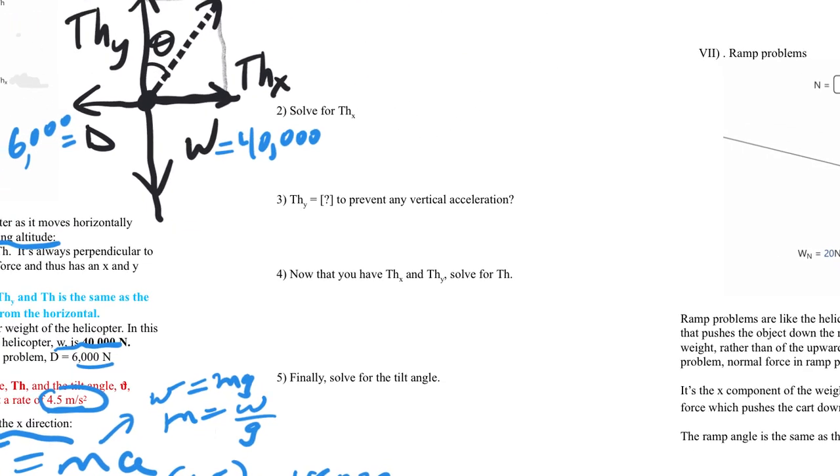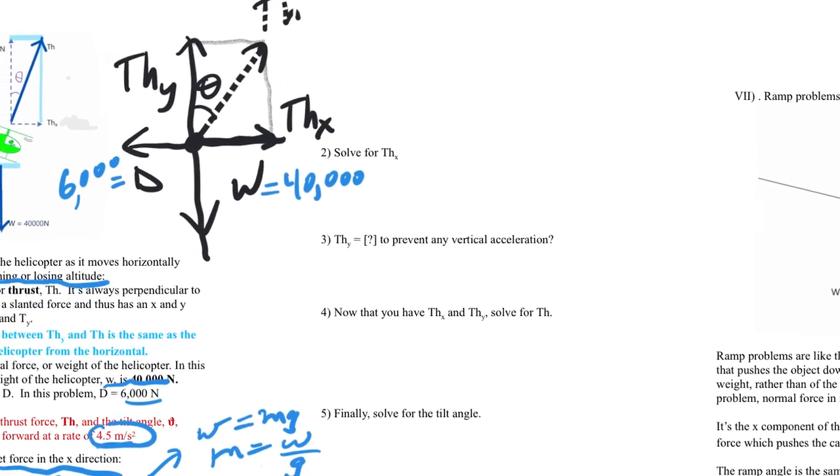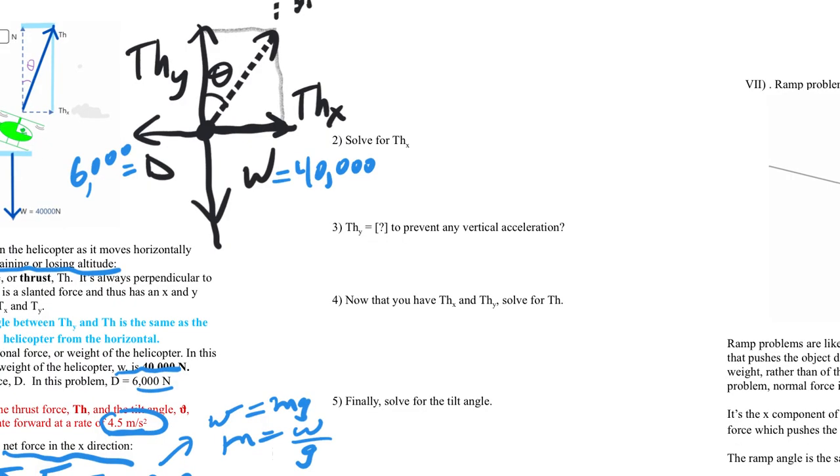Okay, let's solve for the x component of the thrust. Well, I know the drag is 6,000, and the horizontal forces only consist of the drag and the x component of the thrust.